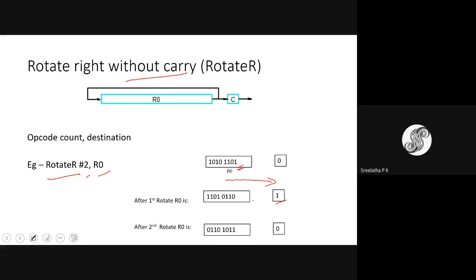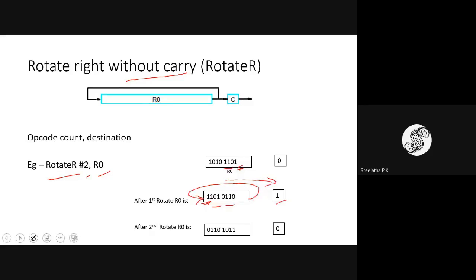So 0 1 1 0 1 1 0 1 0 1, it is written here. There is a free bit space which is created here. I had told that the content of the LSB moves directly to the MSB.